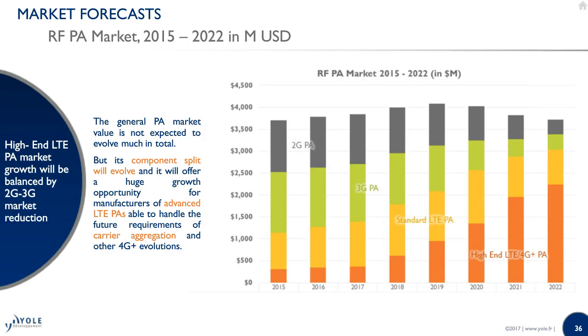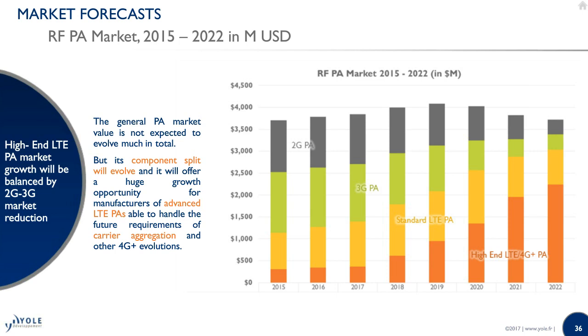So now let's focus a little bit on the 2 main components that are driving this market, mainly the power amplifiers and the filtering. If you look at the market for the power amplifiers, we estimated in 2016 it was a little bit below 4 billion. That will be a decreasing market in terms of value because we need more multi-band, multi-mode power amplifiers, meaning a 3G or 4G power amplifier in the future can also handle the signal from the lower end bands.